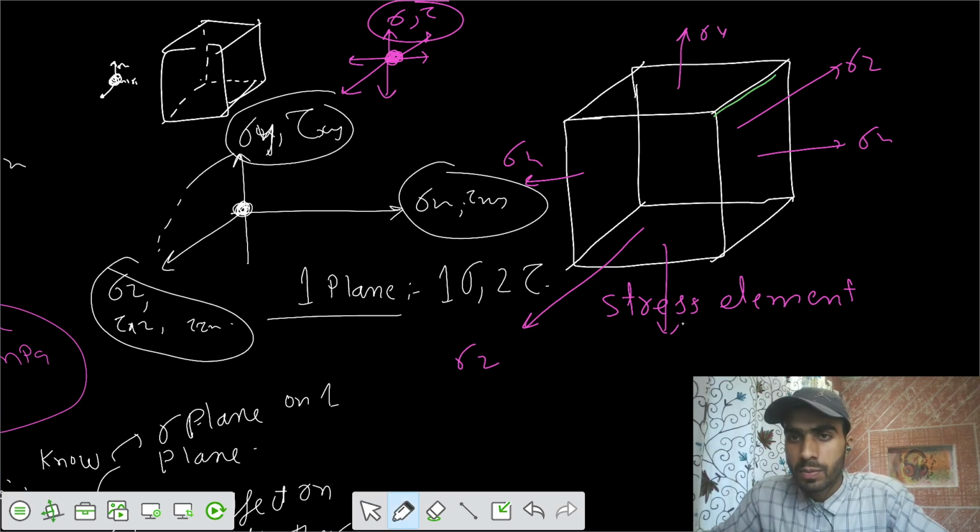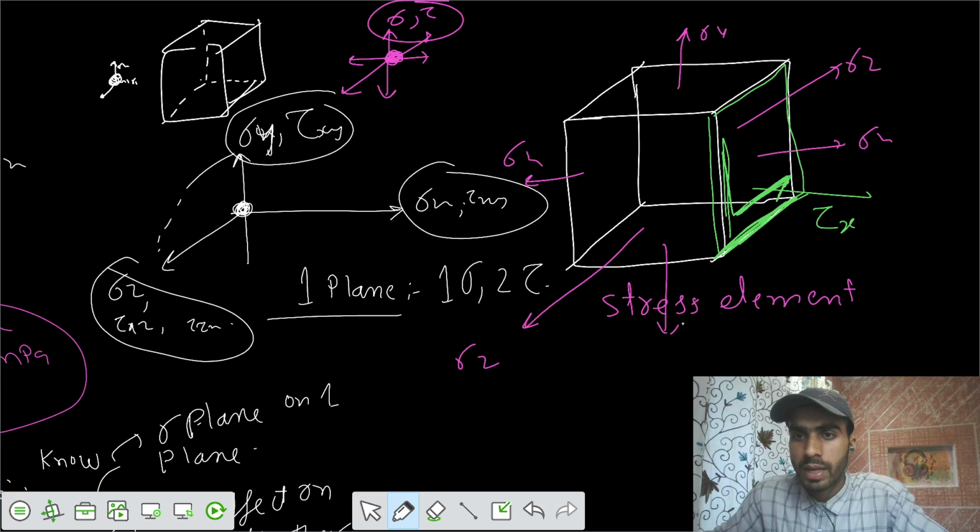Let's say this plane, which plane is this? This is the xz plane. If I apply shear stress in this direction, I draw the outward normal, which is x, and the direction of the arrow is in the z direction, so I can say tau xz.